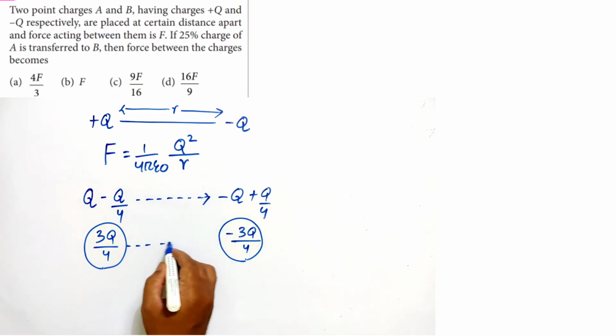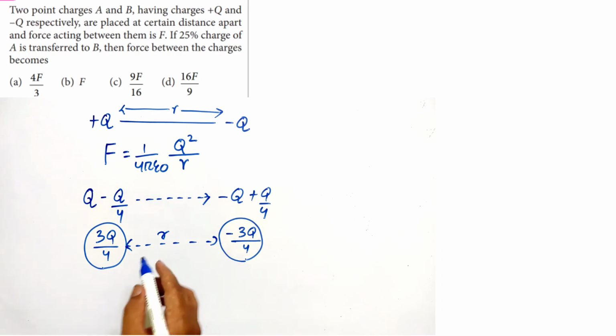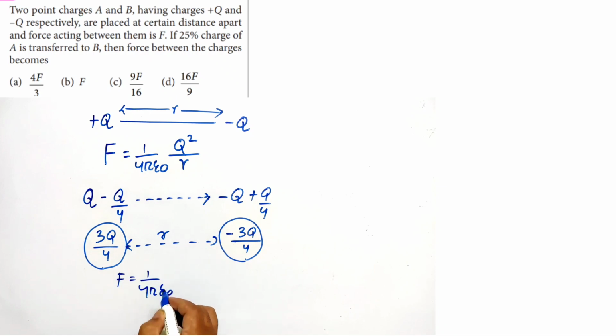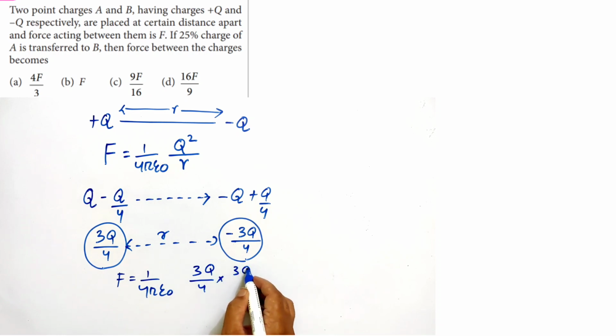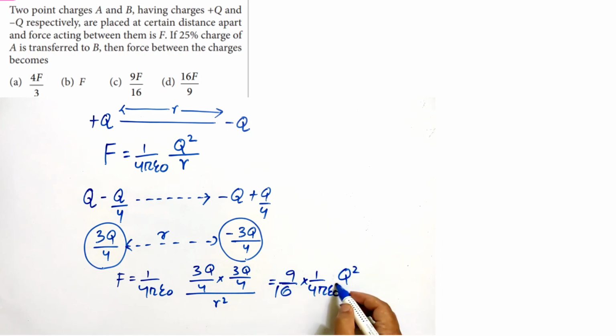Now the distance between them is R. So the force between them will be 1 by 4 pi epsilon naught into 3Q by 4 into 3Q by 4 divided by R square. On solving this you will get 9 by 16 into 1 by 4 pi epsilon naught into Q square by R square.